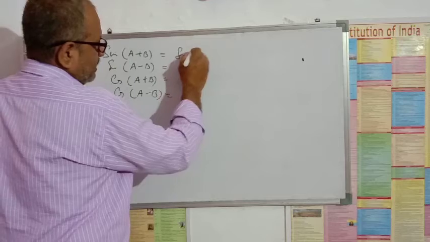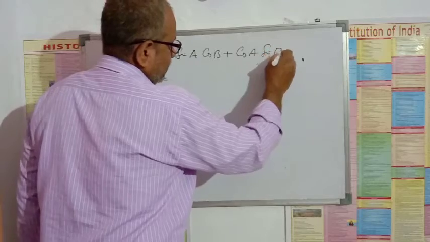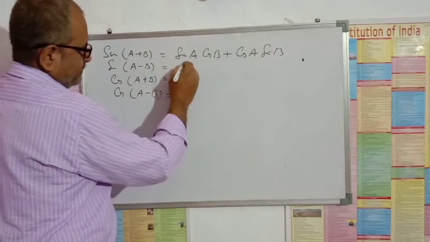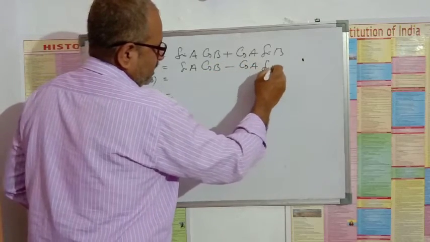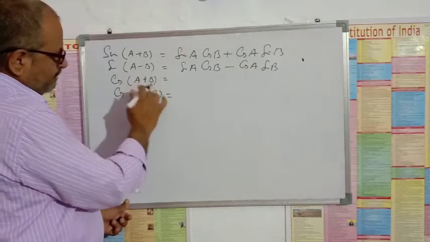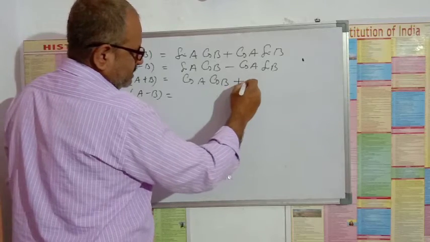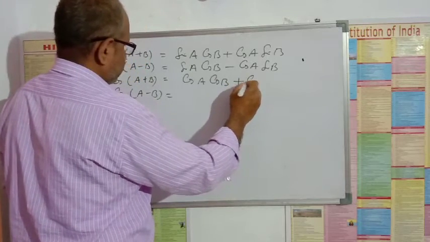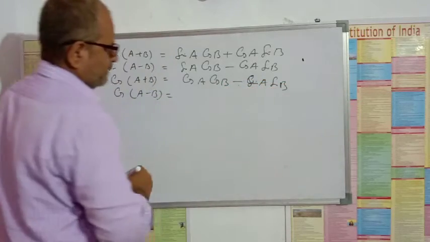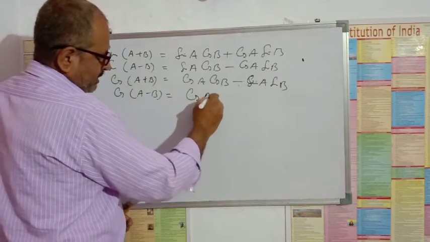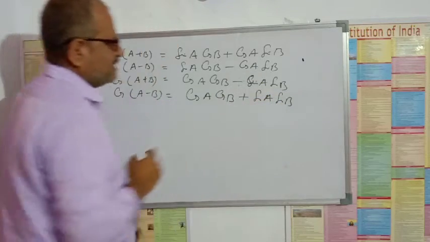We write it sin A cos B plus cos A sin B. In case of minus, we will write sin A cos B minus cos A sin B. Cos(A+B) is cos A cos B minus sin A sin B, and cos(A-B) is cos A cos B plus sin A sin B.